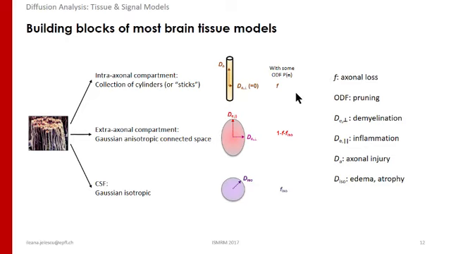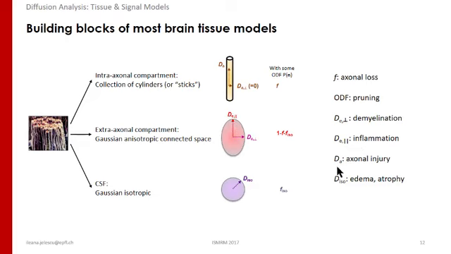So typically, the intra-axonal fraction here can be most specific to a change in axons, so axonal loss. The ODF could be a signature of pruning if you're looking, for example, at brain development in early childhood. A change in DE perpendicular here could be a signature of demyelination.